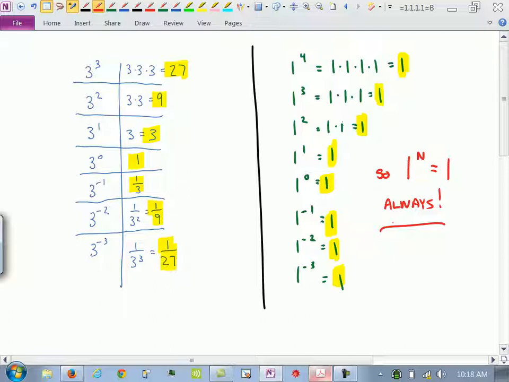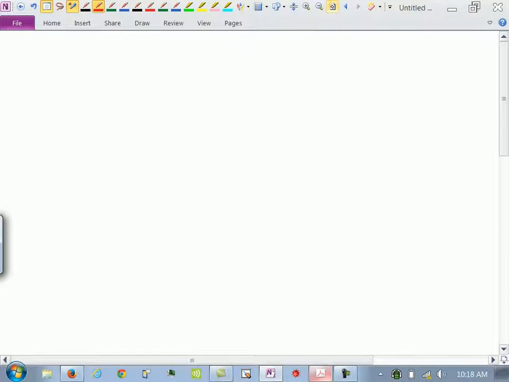All right, what I'd like to do is give us one of our first properties now, written down like the way it appears in the book. x to the negative n is equal to 1 over x to the positive n, which is equal to (1 over x) to the n.